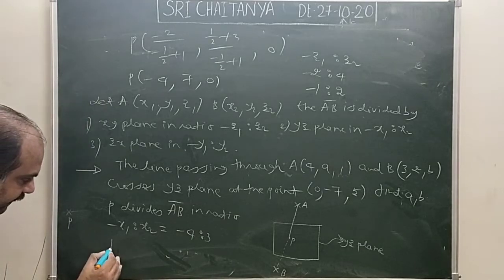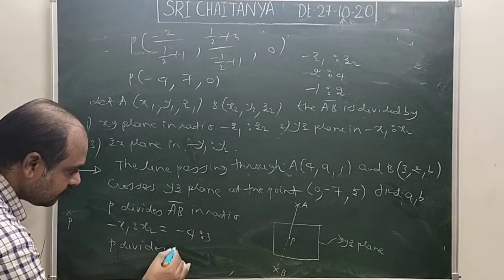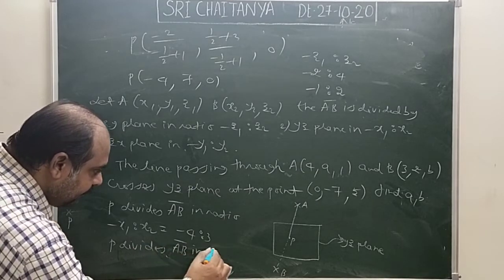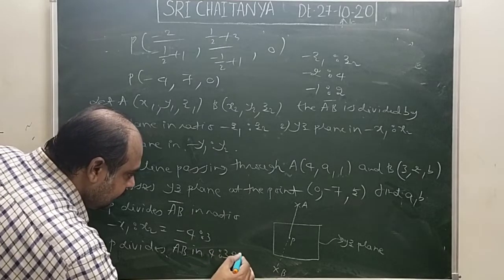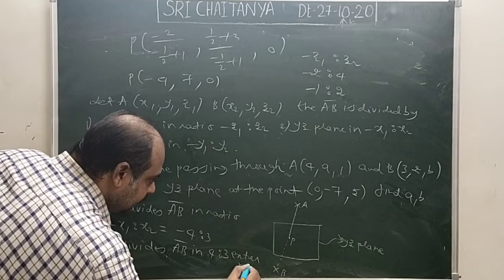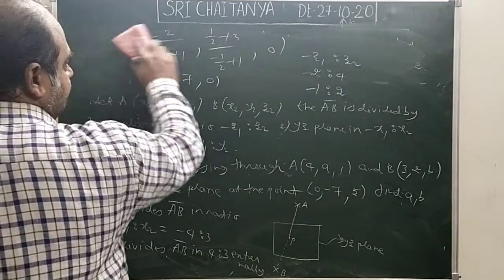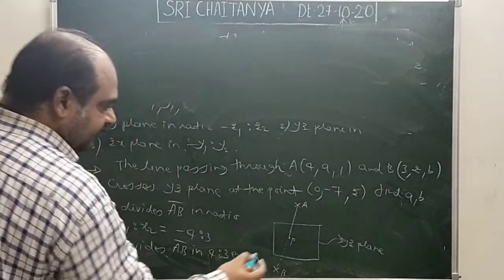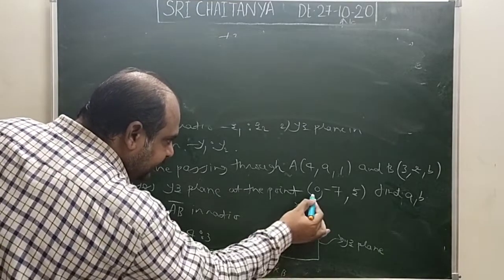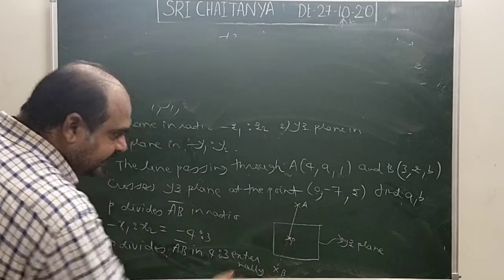That means point P divides AB bar in 4 is to 3 externally. He has given this point P, where the line is intersecting the YZ plane.